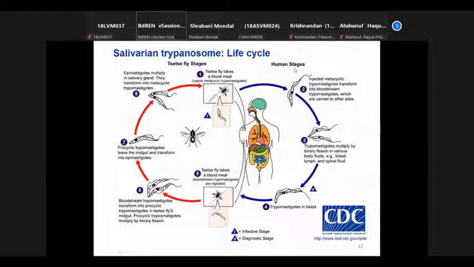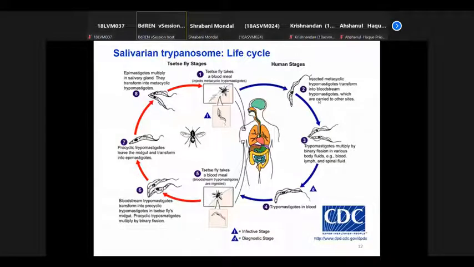Then what is happening? Now what changes occur within the vector? From number 5 to 8, this is happening within the vector, that is, in the intermediate host these events and changes occur. And the right side, 1 to 4 that I mentioned, happens in the final host. That is why it is marked with a blue arrow in the right corner, happening within the final host, either the human being or the animal.